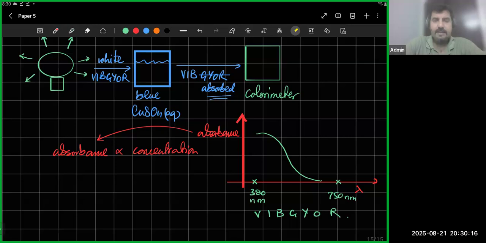I'm moving to the next thing. So colorimeter is just this. So you see light blue, less absorbance. That would just mean dilute CuSO4.